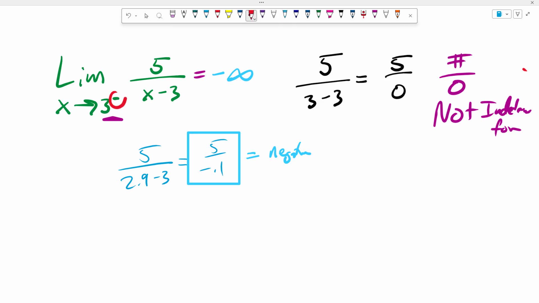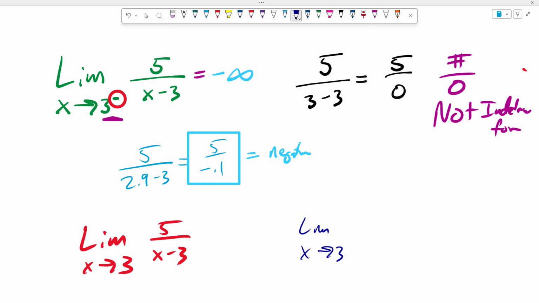That's when it's going from the left to the right. If it was this question, the limit as x goes to 3 of 5 over x minus 3, this is not from the left or from the right, it's from both. And now we have to check both sides. If they both go to negative infinity, the answer is going to be negative infinity. So here we just have to check the limit as x goes to 3 from the right. Again, substituting, you get 5 over 0.